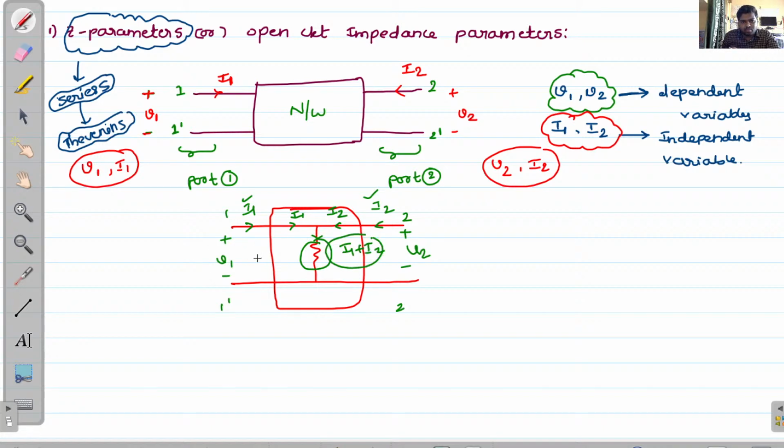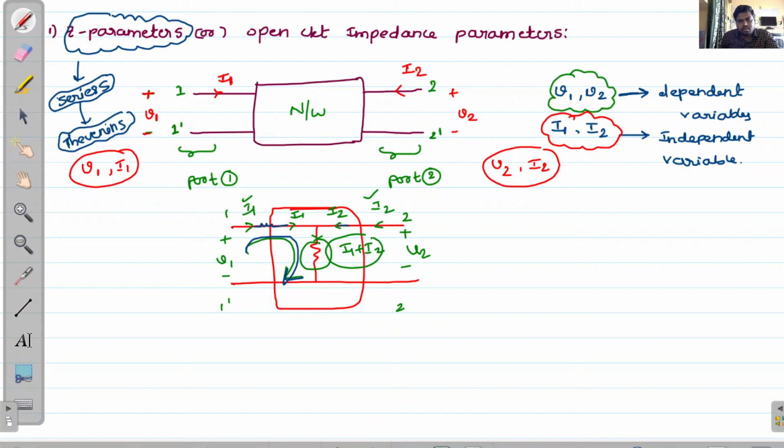For example, if I am applying a KVL expression for this particular loop, first voltage V1, and next, if we have a resistor at this place, you can take the drop across that particular resistor. I will take one resistor here also.